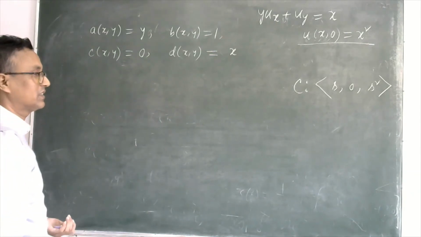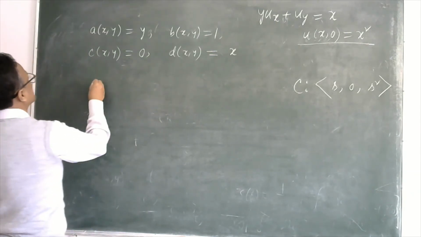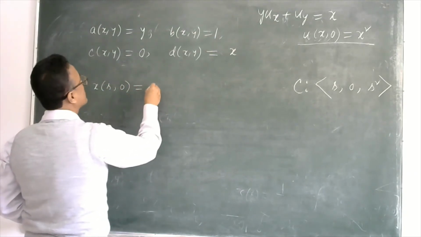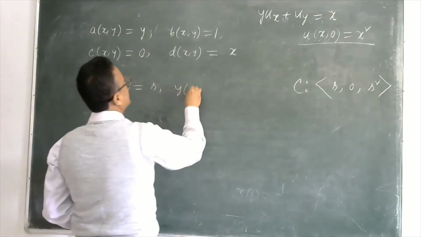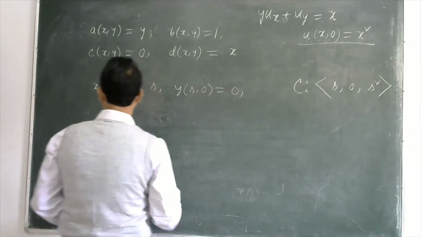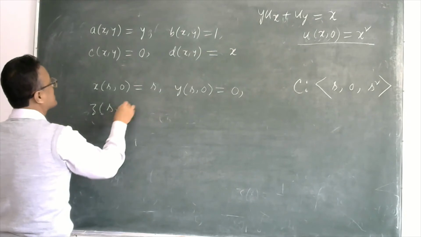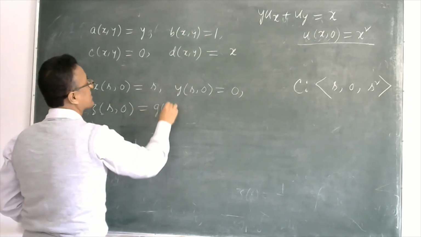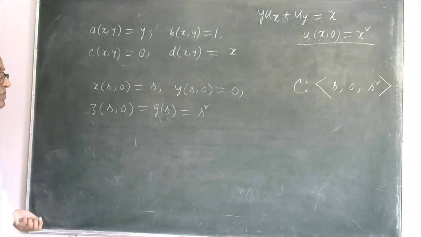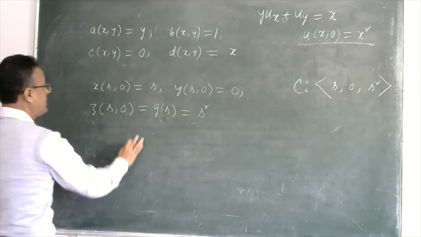So that means x(s,0) is equal to s, y(s,0) is equal to 0, and z(s,0), again we had defined it as z(s), is equal to s squared. Is it okay? Fine? Yes.